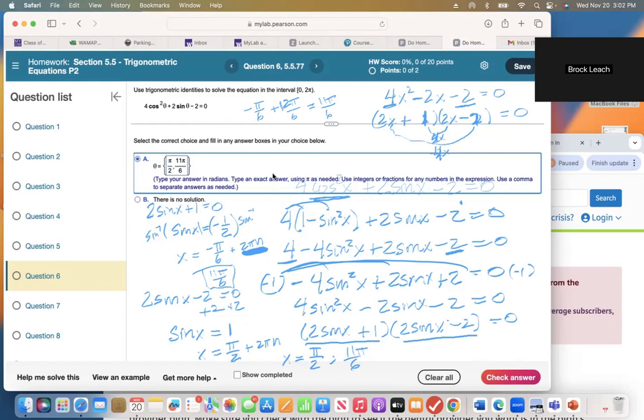Let me make sure I wrote the original thing down. It was 4 cosine squared plus 2 sine x minus 2 equals 0. We got 4 added to negative 2 is positive 2, but it became negative 2. Then it became a minus 2 when I changed the sign.